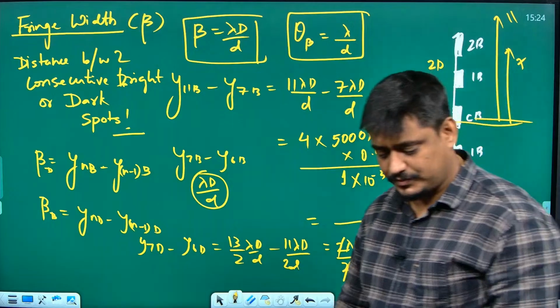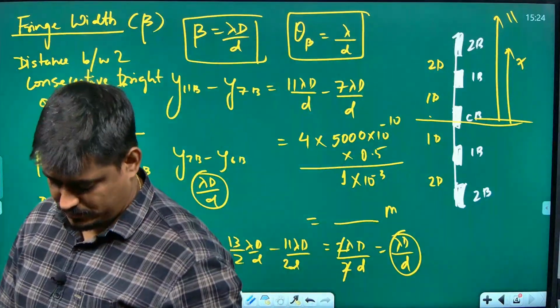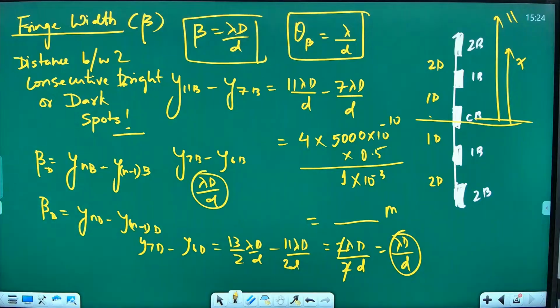Take another question. Question is, if lambda is 6000 Angstrom, first maxima is obtained at 0.2 meter from central bright.